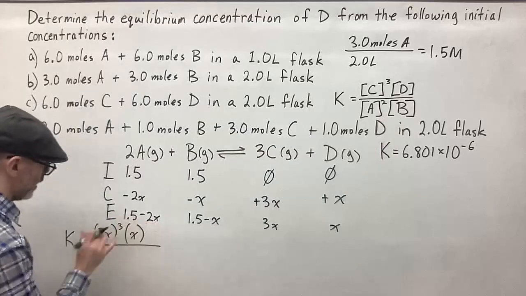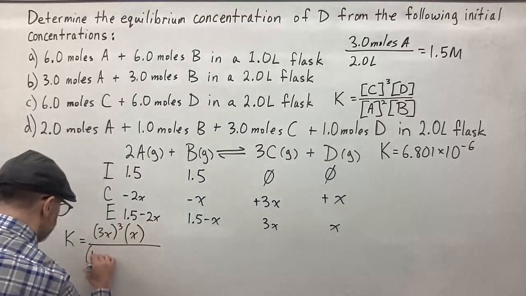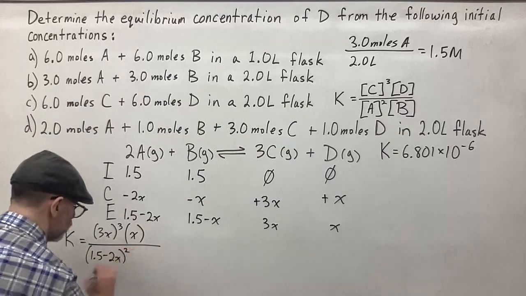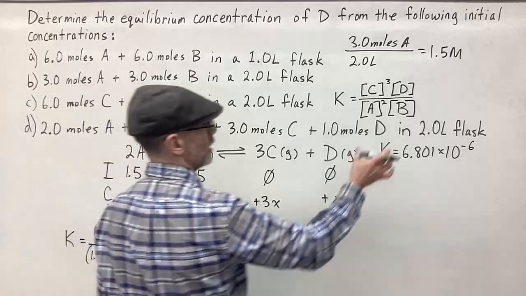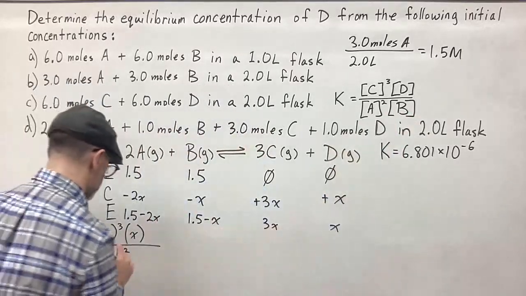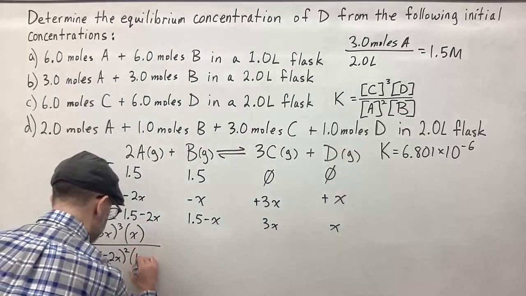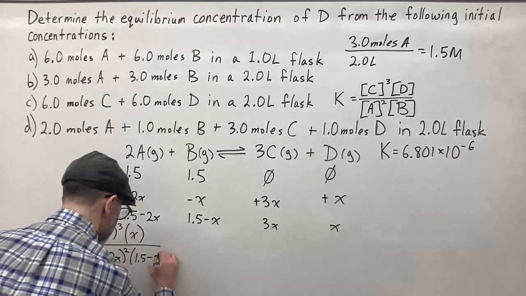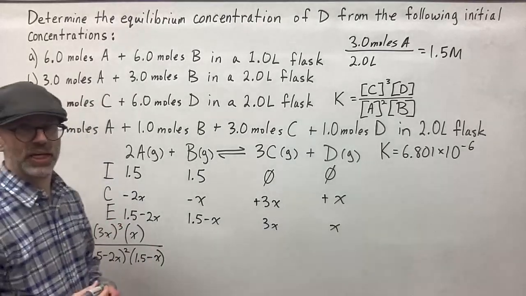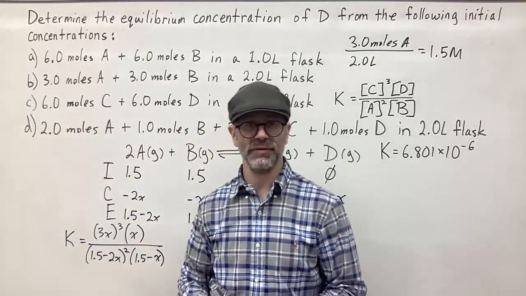So here's A: 1.5 minus 2x, squared. And then we're going to divide by B, which is right here, so that's 1.5 minus x. And so now we have our expression for K in terms of x.